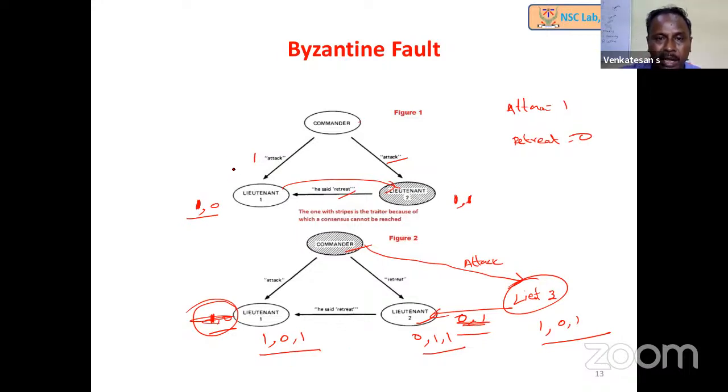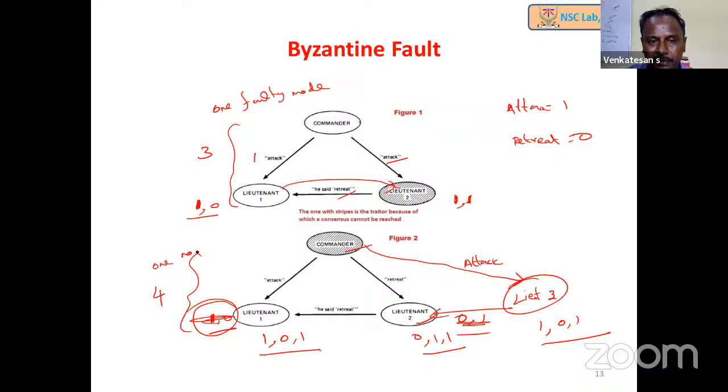Now you see how many nodes are here. It is 3 nodes in this case and 1 node failure, that is 1 faulty node. And here there are 4 nodes and there is 1 node faulty. So here we are not in a position to take the decision. However, here we are in a position to take the decision. So let's derive a simple metric.